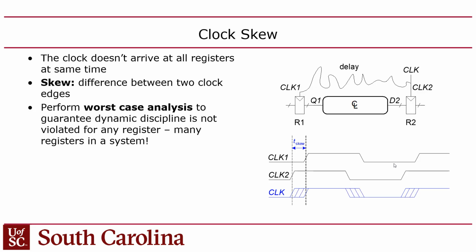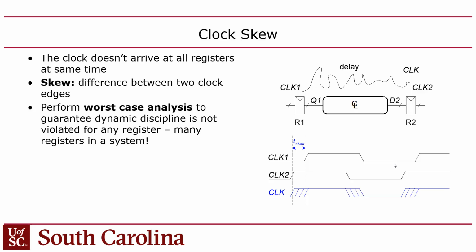What ends up happening is if you have a register feeding a circuit, a data path, where the source register is closer to the clock pin and the destination register is farther from the clock pin, the destination register is going to see the same edge later. It's going to look like a longer clock period.